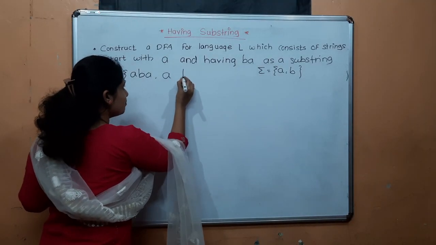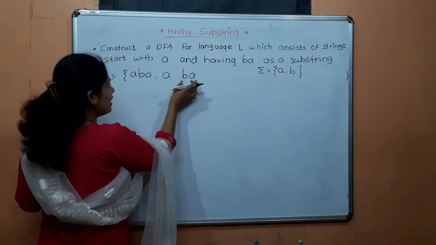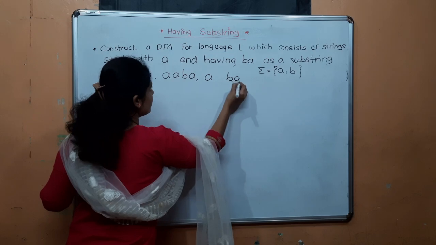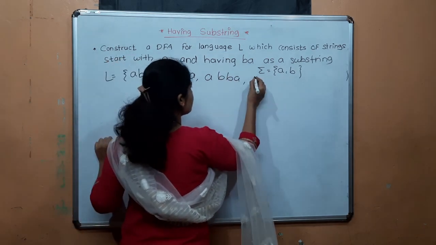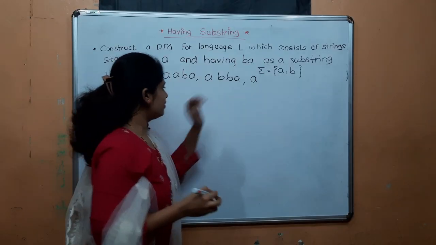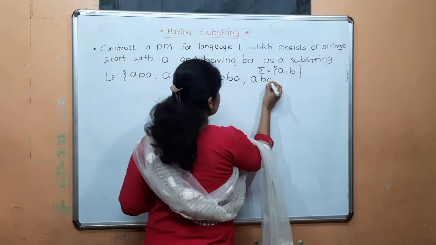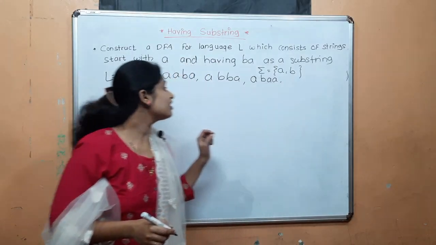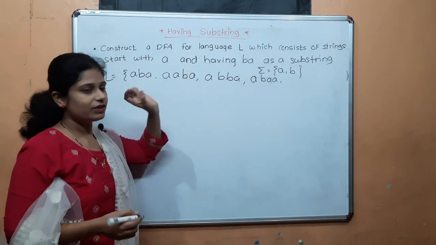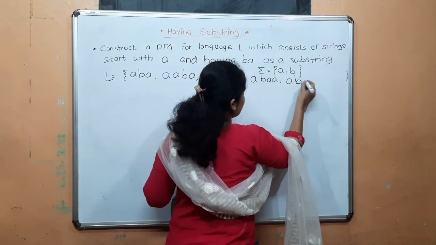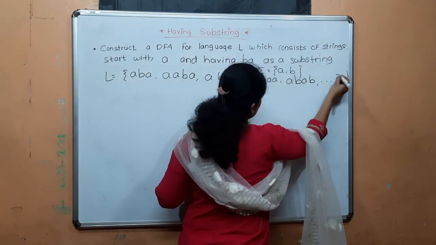In between starts with and having, we can give either A or B. Then string starts with A having BA, it can end with either A or B, because there is no condition given that this string ends with. So we can end with either A or B, and so on.